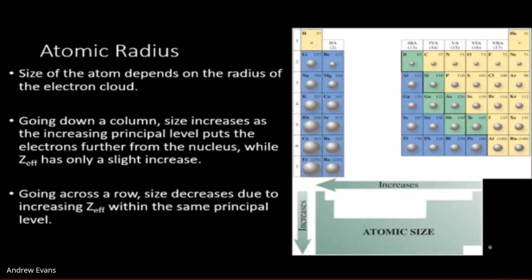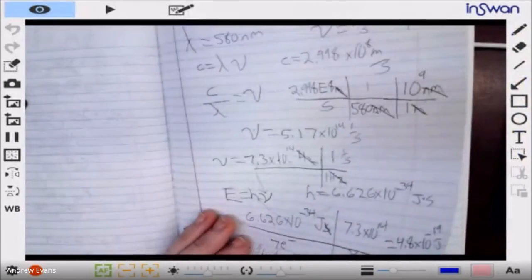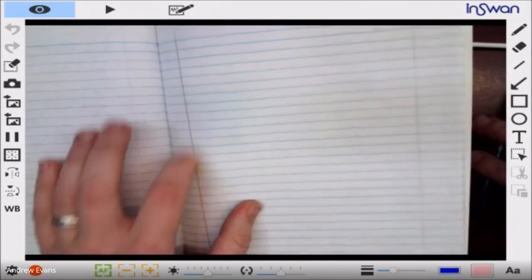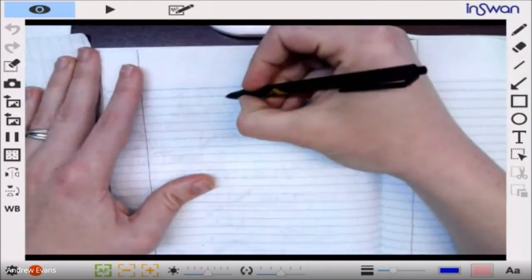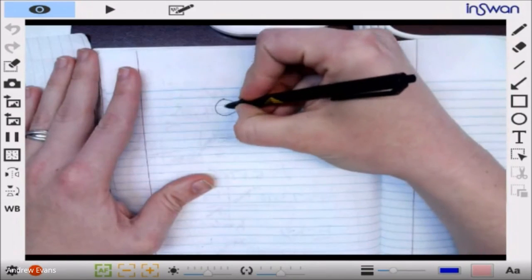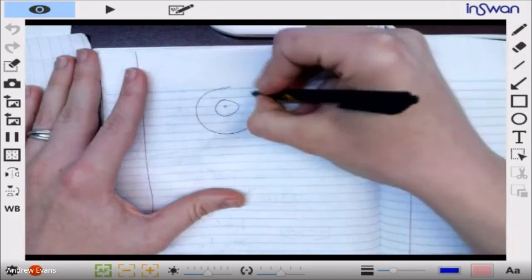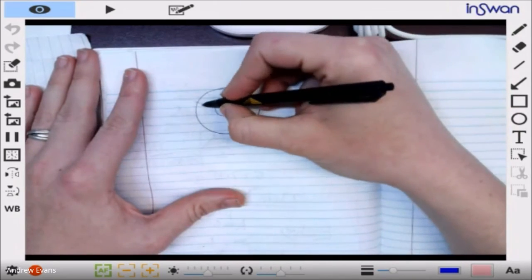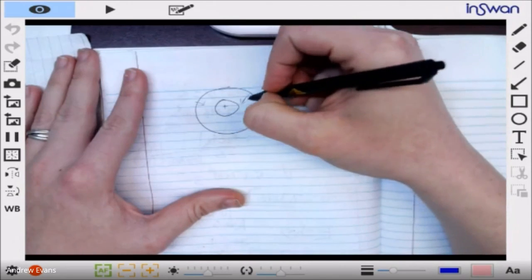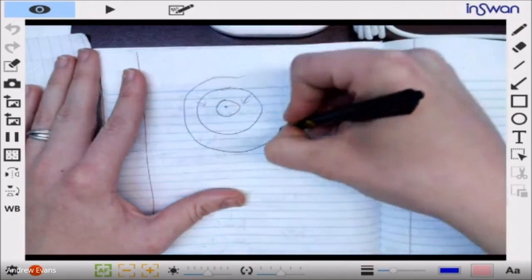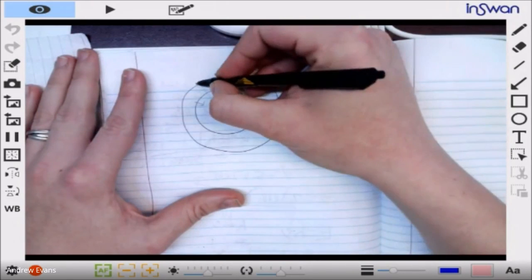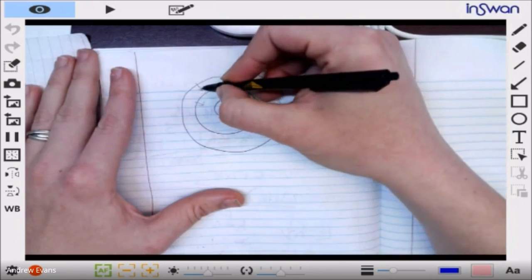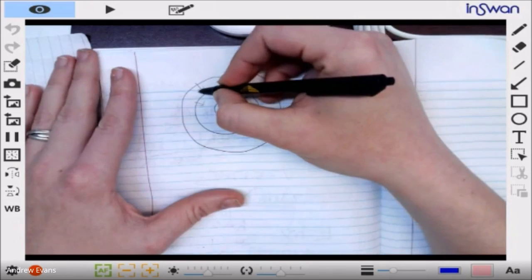So I just want to go to a drawing real quick. Remember, as we add, we have the nucleus, we have the 1s. Even if this is being drawn in by the nucleus, as we add another layer, it's still going to be further out. Even if this is drawn in further, it's still not quite up to where this was.